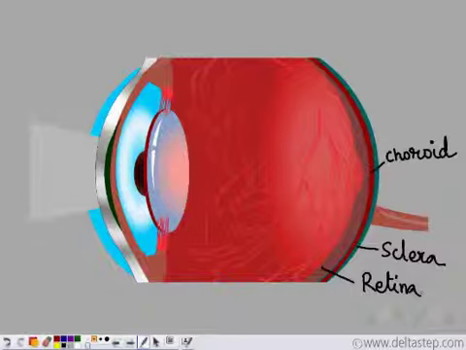Now, the sclera in front of the eye forms the cornea. The cornea is protected by an outer covering known as the conjunctiva. So this is the conjunctiva.